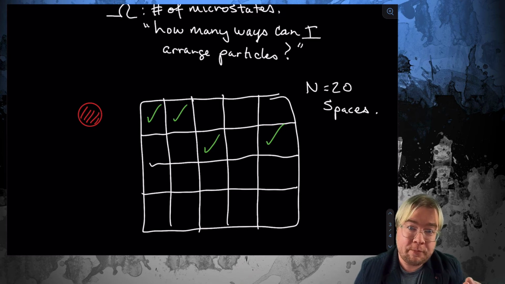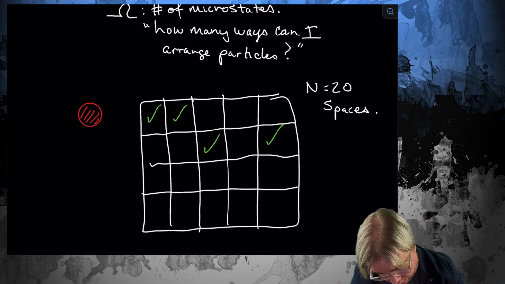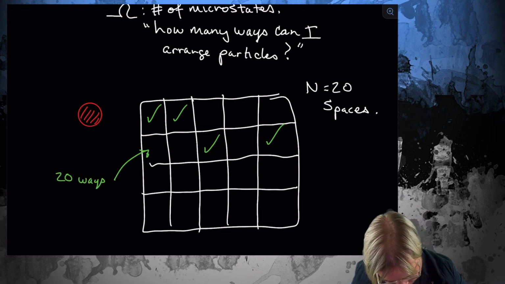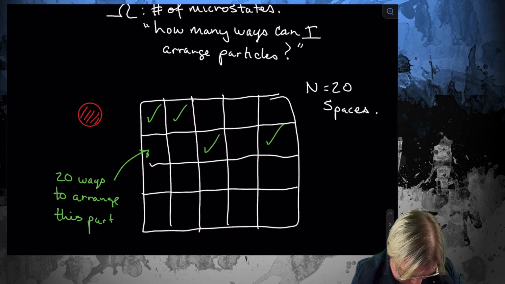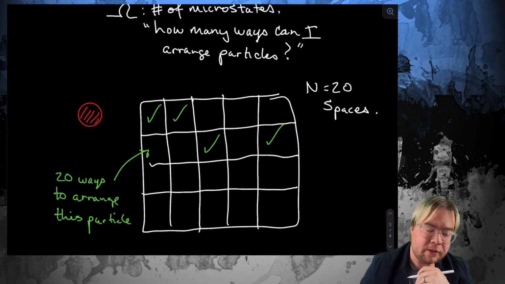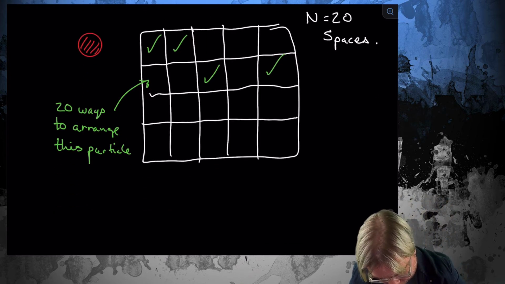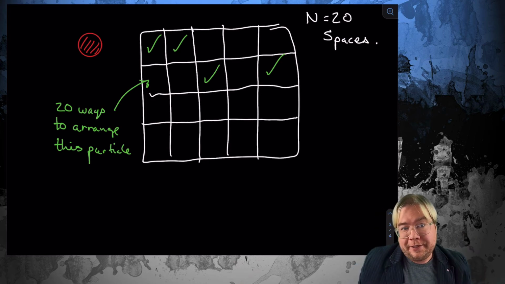How many different ways can I put the particle in the system? There are 20 ways to arrange this particle. So that's the game I'm going to play. I'm going to count how many ways I can put things into the system. That's all I'm going to do.